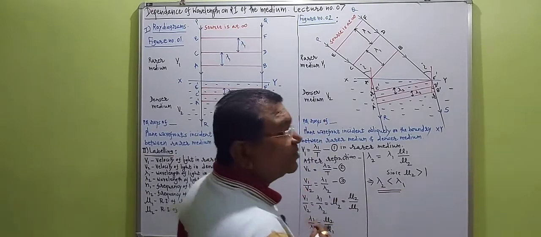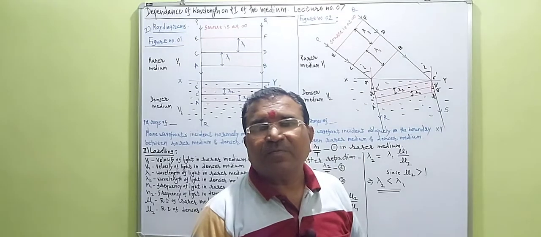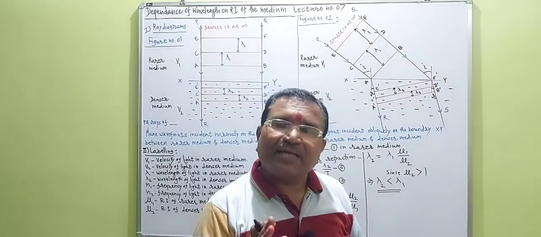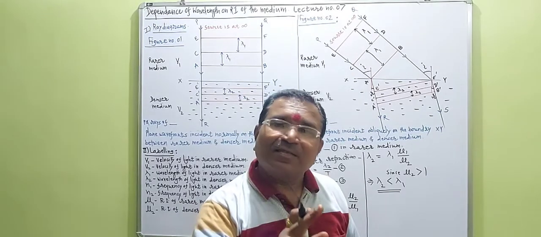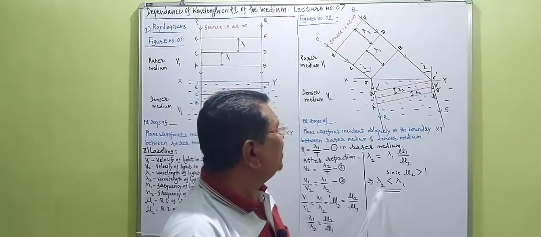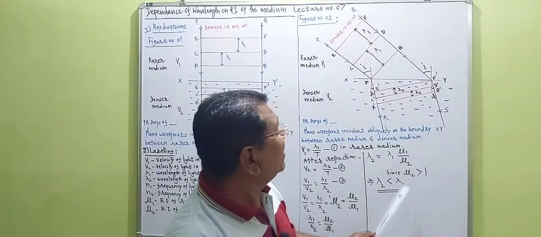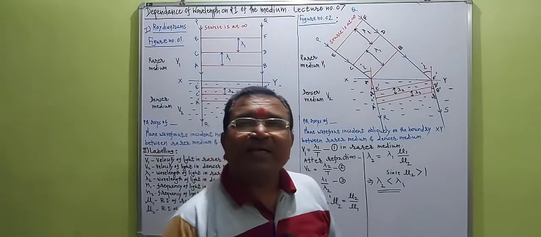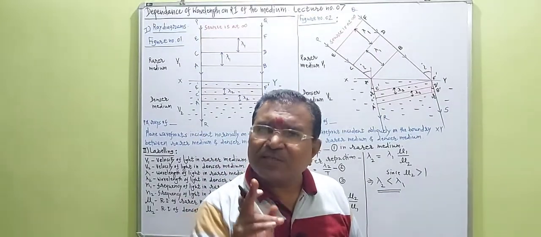So the wavelength of light in the denser medium is less than the wavelength of light in the rarer medium. This is the answer of the first question.